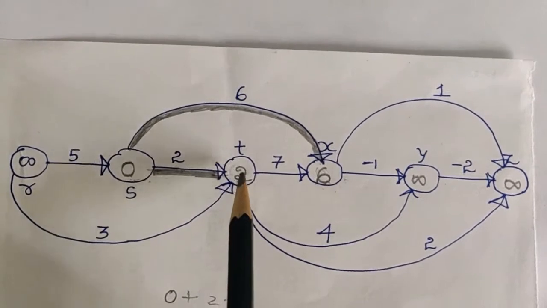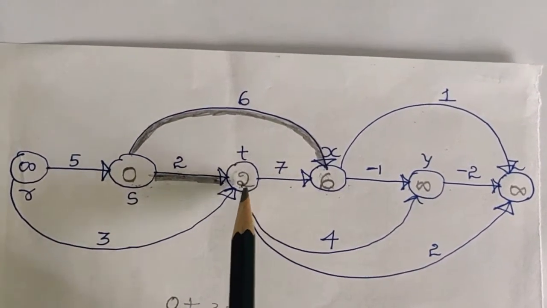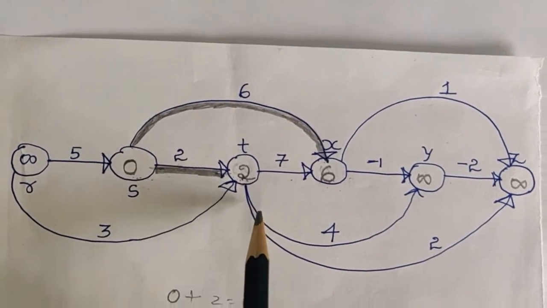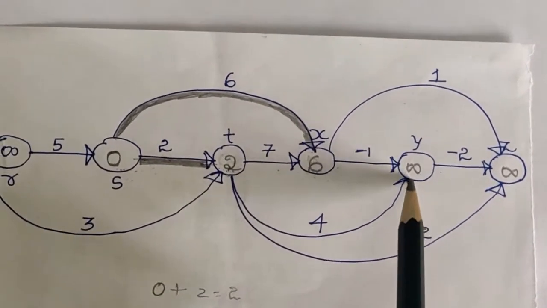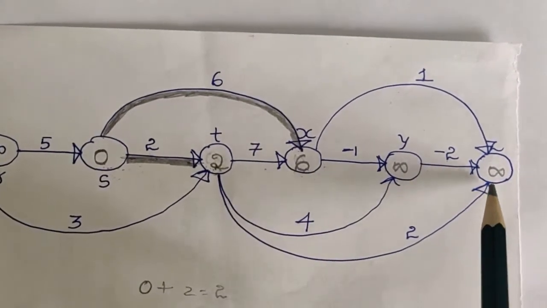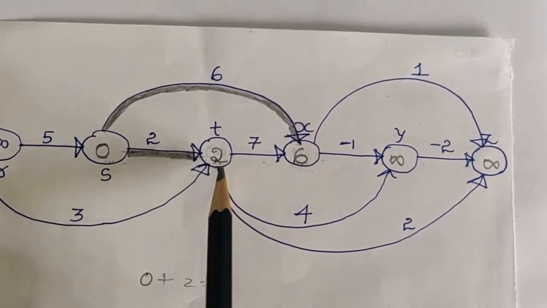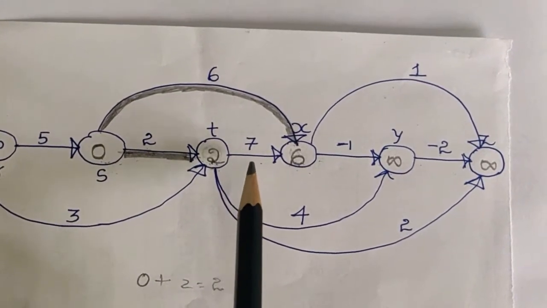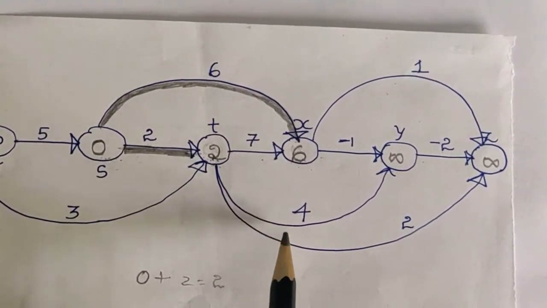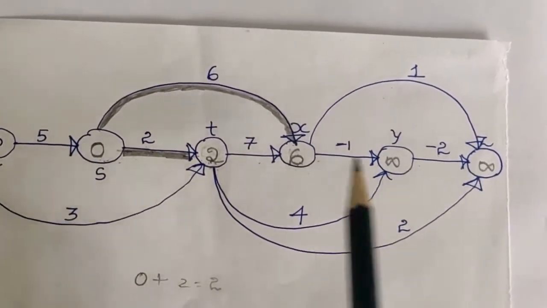T can reach X, we have the outgoing arrow, as well as T has two more outgoing arrows, that is T is reaching Y, one outgoing arrow, as well as T is reaching one more node, that is Z. Therefore, the node T has possibly 3 outgoing arrows. Now we have to find the optimized value for these 3 node values. Now it was infinity, infinity, and it is 6.